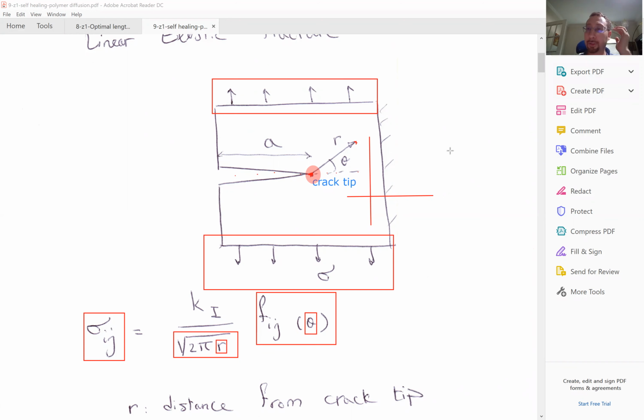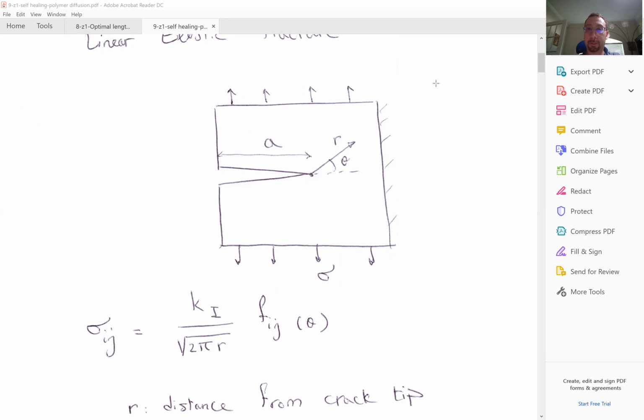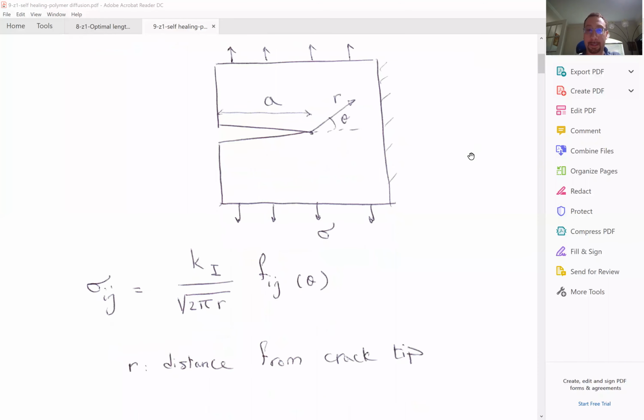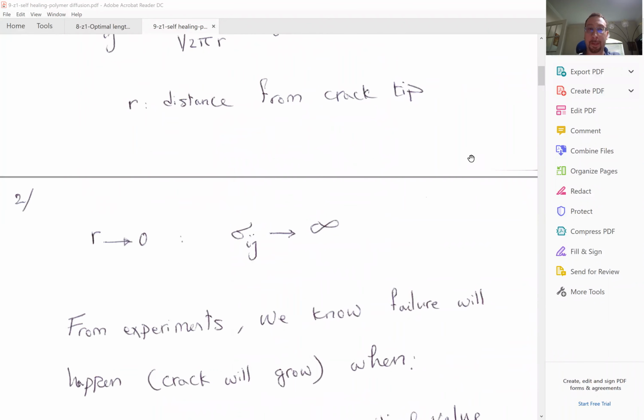But in the regions around it, this is actually a pretty good indicator of the stress in many cases. And so this is the stress intensity factor K. Now, this is K1, and what this 1 stands for will become clear to you very soon.